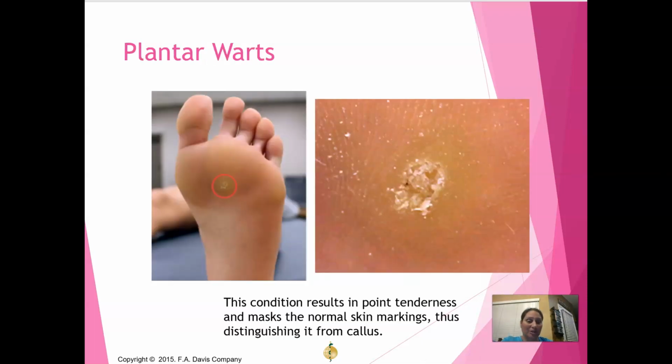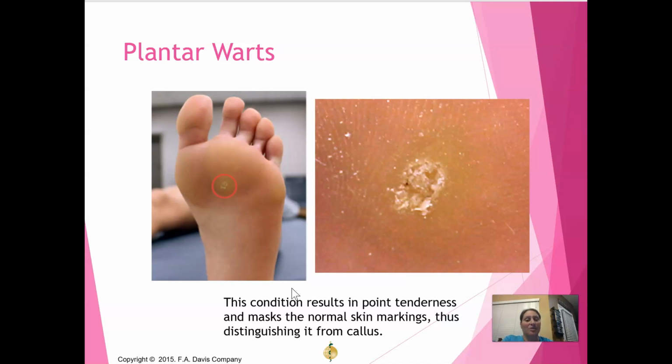Plantar warts. So a little side story, I had a student athlete his freshman year, and it looked exactly like this on the bottom of his foot, pretty much in the same location. When we first started noticing it, he was a football athlete, and it was probably game 7 or 8, towards the end of the season, and I flat out told him, okay, you really need to address that.